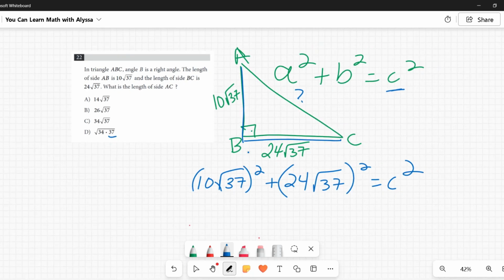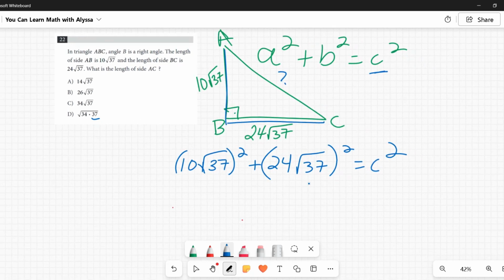Okay, you go back to this point where it's a squared plus b squared equals c squared. And you can look at this as pulling greatest common factors out. So this first one right here, 10 times square root of 37 squared, is, as we stated before, 10 times 10 times square root of 37 times square root of 37.